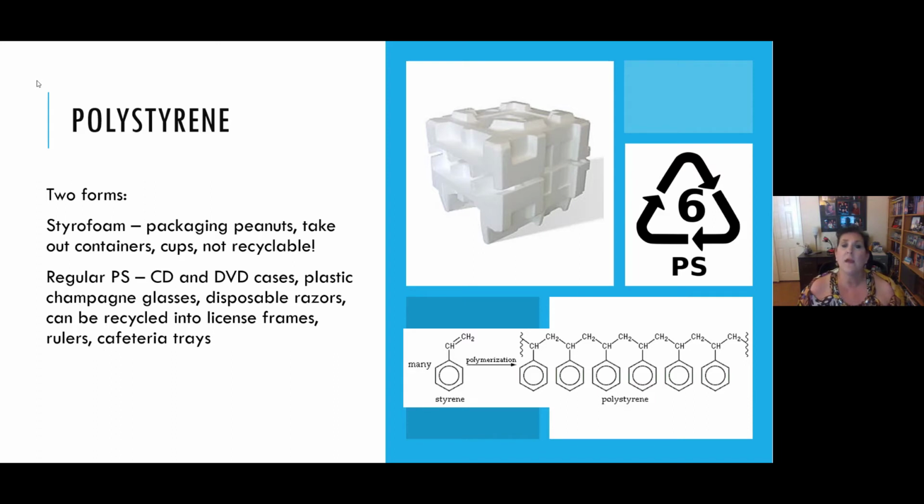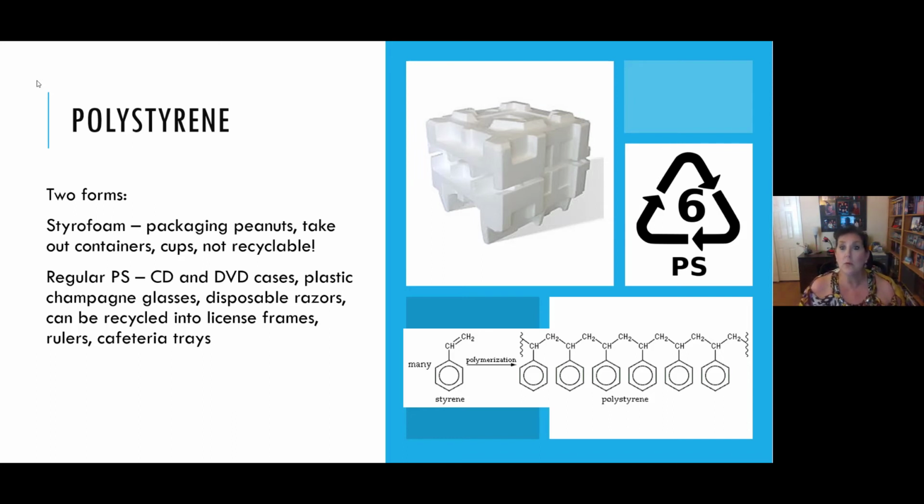So there's another version of polystyrene. It is regular polystyrene, and that is how we make CD and DVD cases, plastic champagne glasses, disposable razors. Those are all the other kind of polystyrene, and those can be recycled if you can recycle number 6, polystyrene, PS.